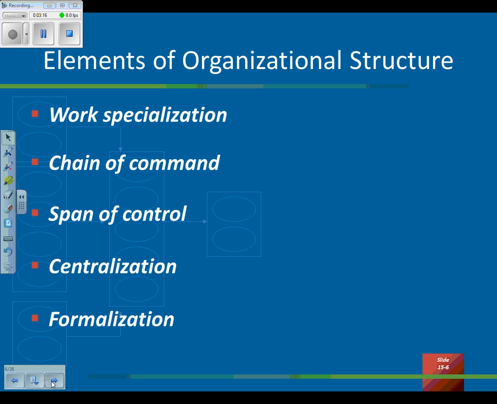So we typically describe spans of control in terms of narrow spans of control with close working relationships. That's the classic view, which increases the cost of labor and causes employees to become sometimes micromanaged.